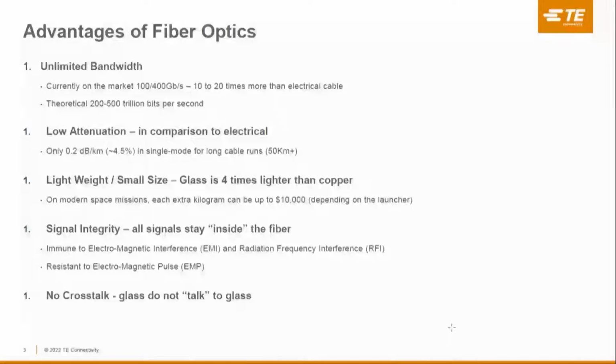So why fiber optics? Maybe some of you really understand the benefits of fiber optics. The main objective, especially in high-speed data transmission, is the virtually unlimited bandwidth. With transceivers nowadays going from 100 to 400 gigabit per second, this moves much faster compared to copper solutions, and more importantly, for longer distance.